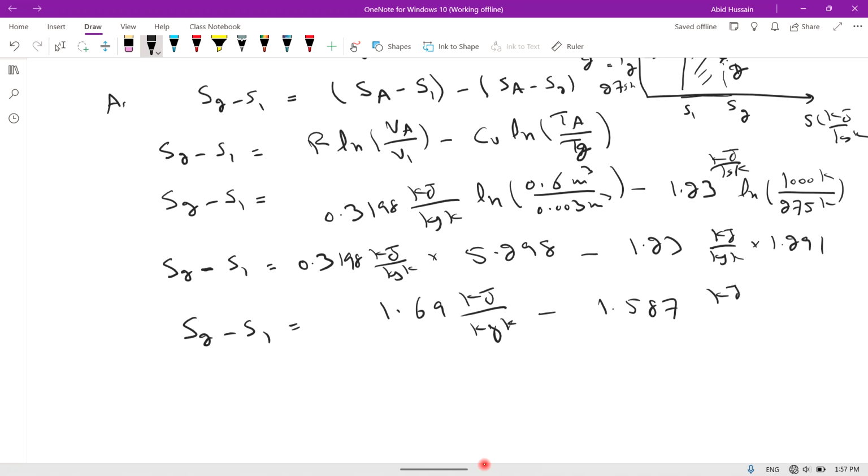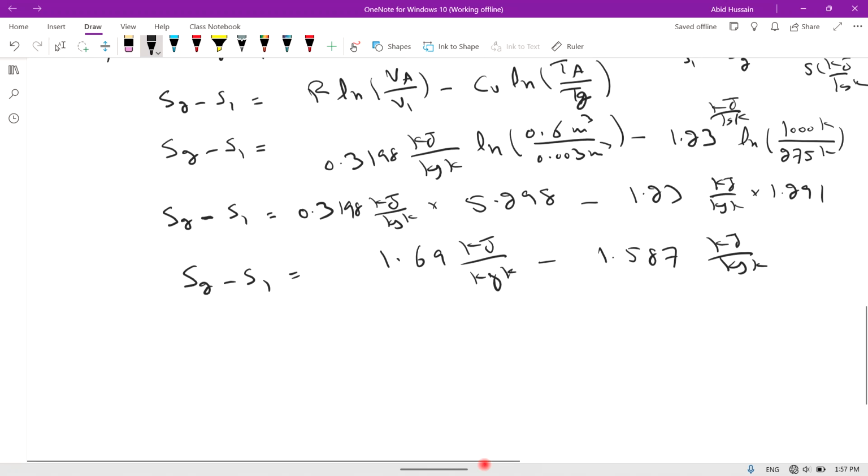This is equal to 1.587 kilojoule per kilogram. The proof of these formulas is available in the book.